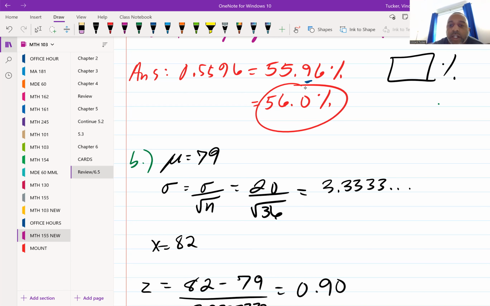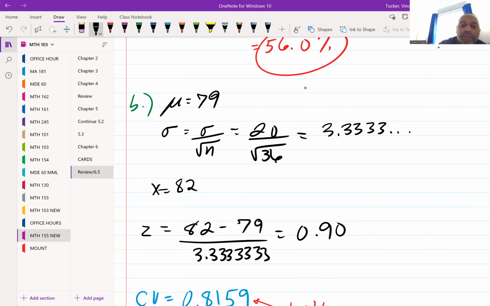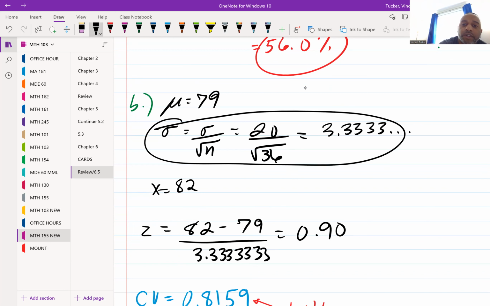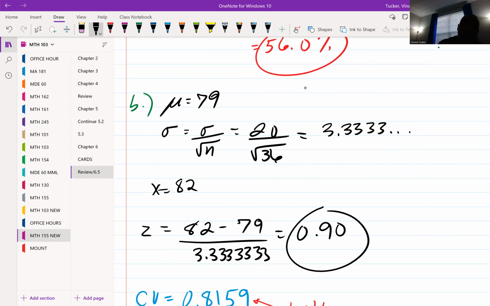All right, cool. And so now you just set it up the same way we did the other one. Once you convert this here, that's your bottom number now, and we use 82 minus 79 over this number. You want to carry your decimal out maybe 4 or 5 places just to be as accurate as possible. I ended up getting 0.90.